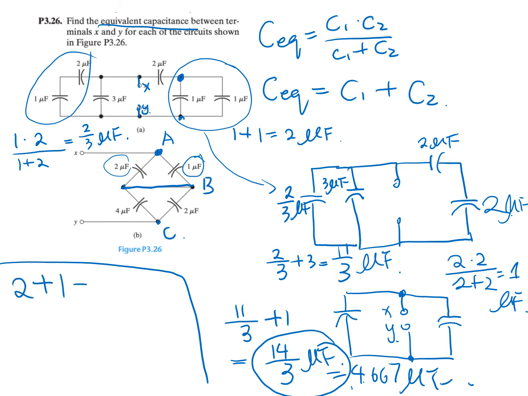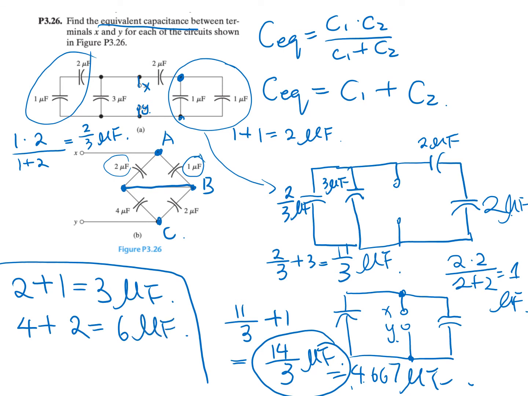That's 2 plus 1 is equal to 3 microfarads. And similarly for the 4 microfarads and 2 microfarads capacitors, we have 4 plus 2, that's equal to 6 microfarads.